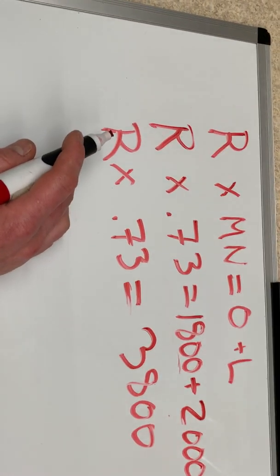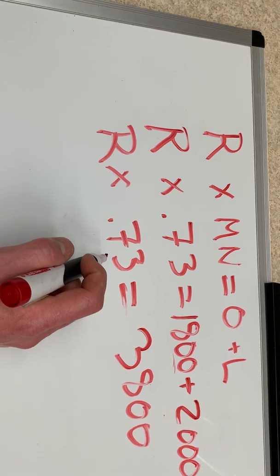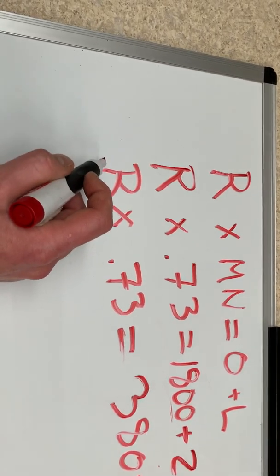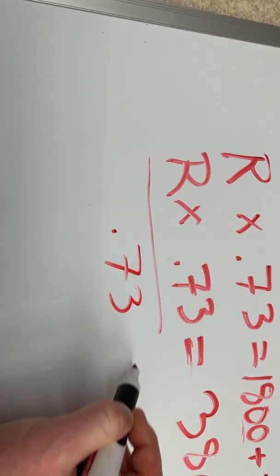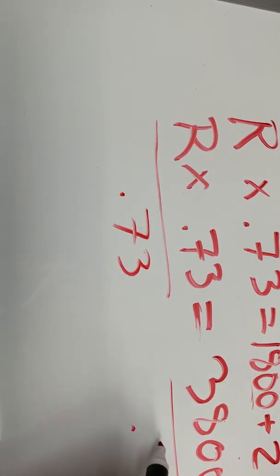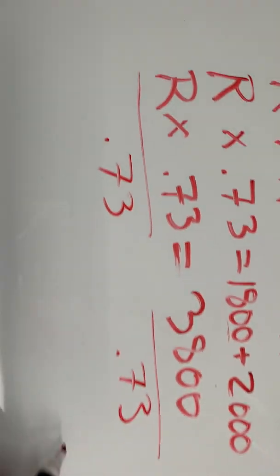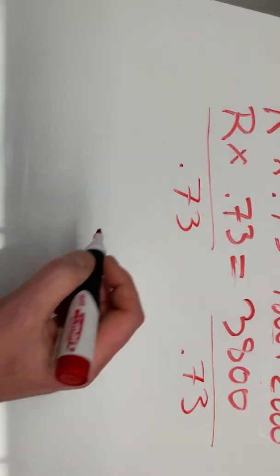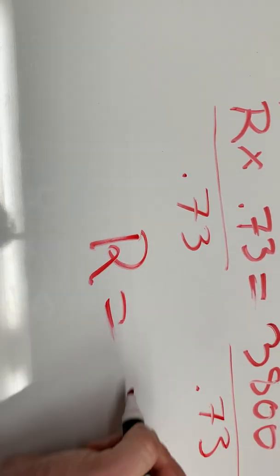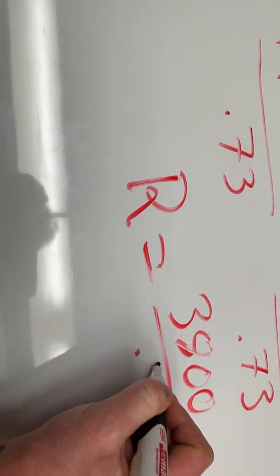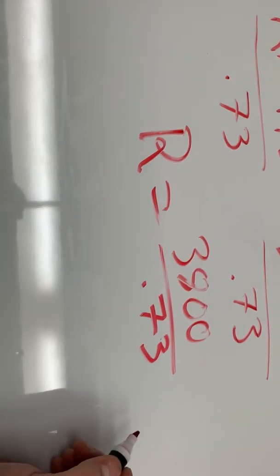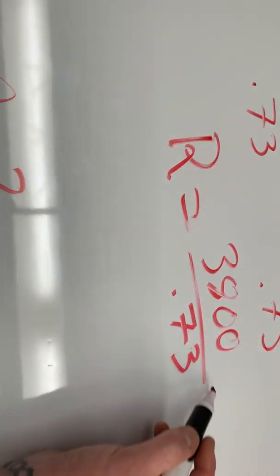Anytime you see a variable multiplied by a number, to get rid of the number, we have to do the opposite. We divide. So we divide this side by 0.73, and we divide this side by 0.73. You can see that. What you end up with is R equals 3,800 over 0.73. And we all know that line means divide, right?